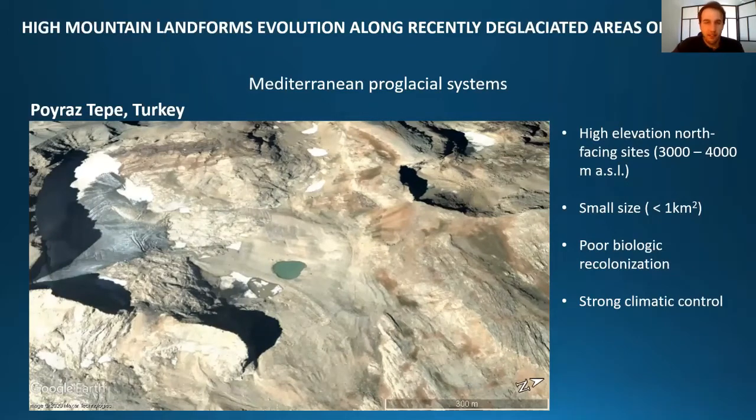They are very small glacial systems, with a very poor biological recolonization, which is very important for the stability of the area. All these sites have a strong climatic control.